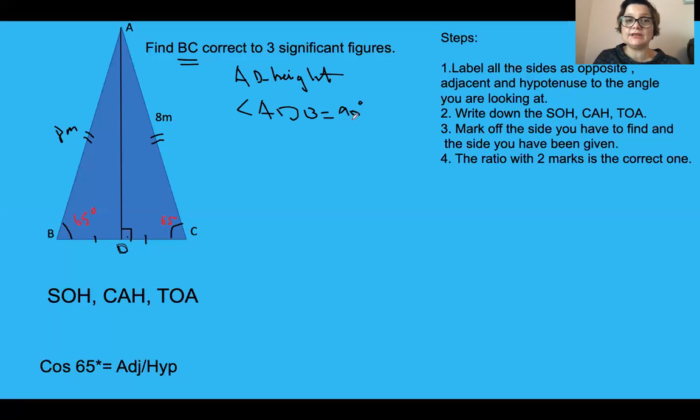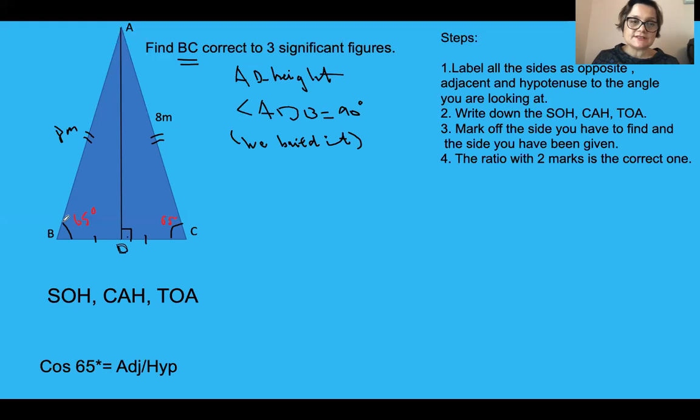We build it, so we can put in brackets, we build it, because we need to have these kinds of things to be able to solve the problem. So there you go, ABD is a right angle triangle. Now, we can use either the sine, cosine, or tangent ratio. Let's find out which one is the correct one.